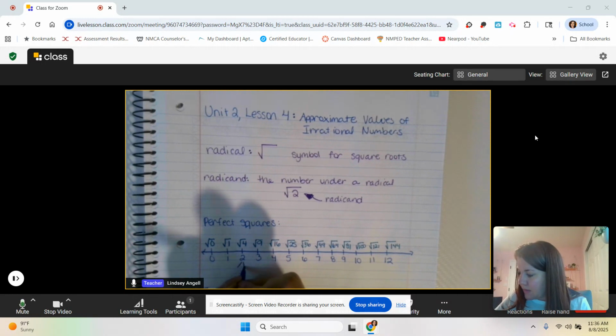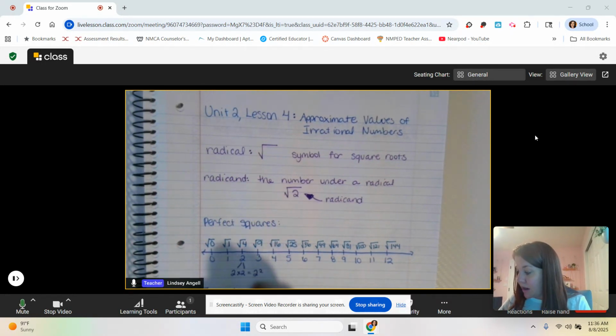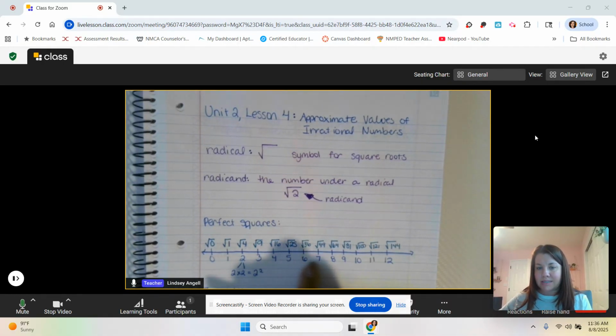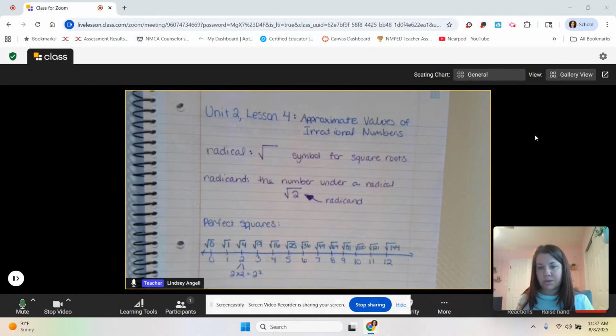Remember we can say 2 times 2, which is 2 squared, which gets us back to that 4. The square root of 9 is 3. The square root of 16 is 4, and so on. These are the first few perfect squares, and they're called perfect squares because they have whole numbers as their answer.